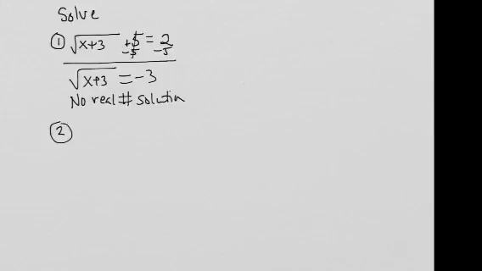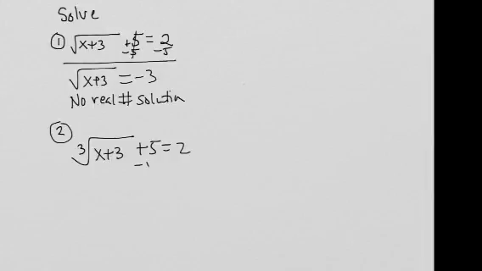Number 2, let me just go back and do this. If it had been cube root of x plus 3 plus 5 equals 2 instead, then you would do the same thing.